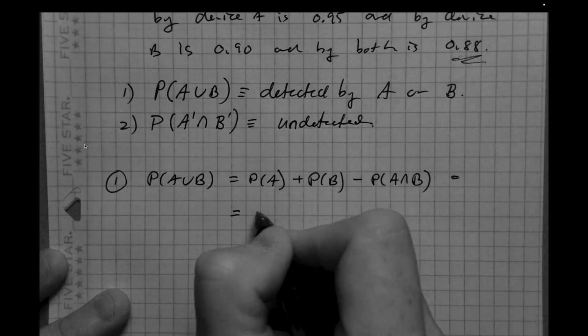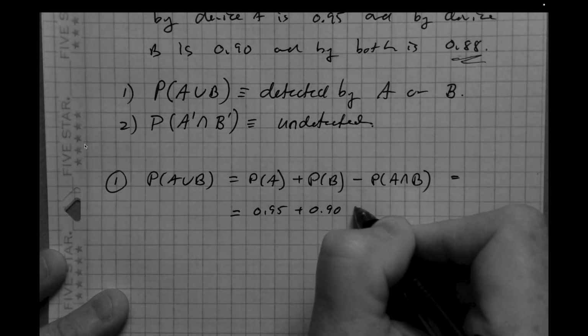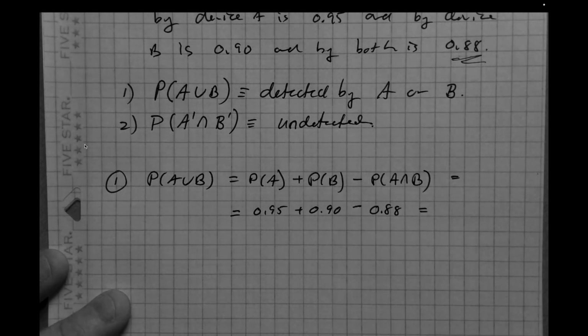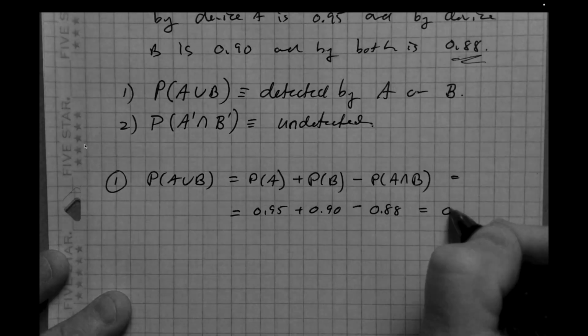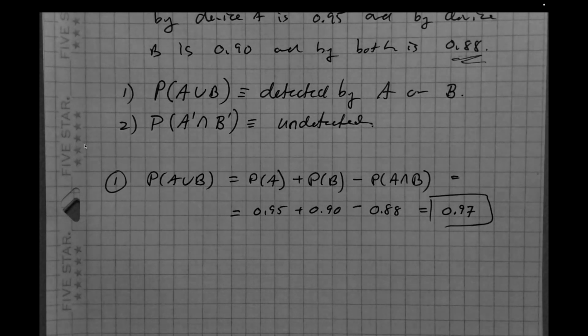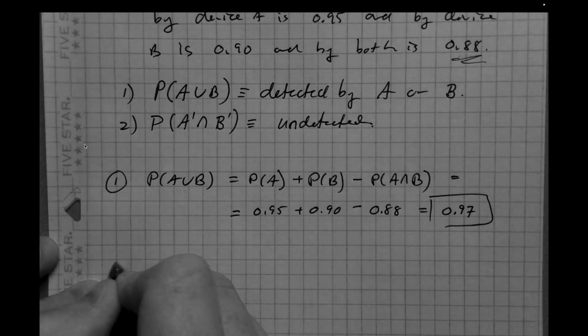So this would be equal to 0.95 plus 0.90 minus 0.88. You can calculate all of that, and I think you'll get 0.97. So there's a 97% chance that at least one of the two will pick up the smoke and alarm you when smoke is present.